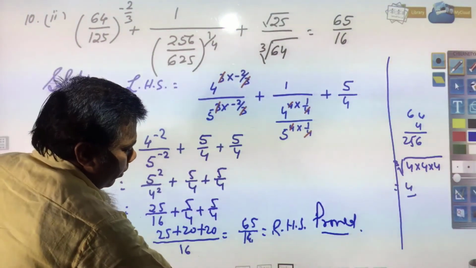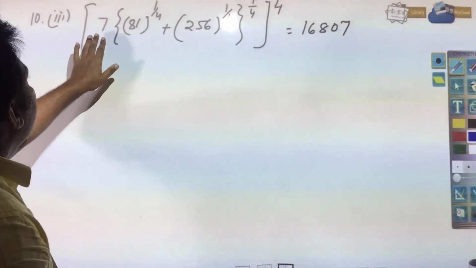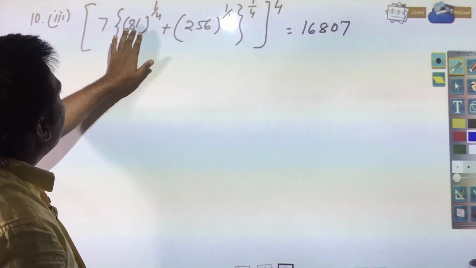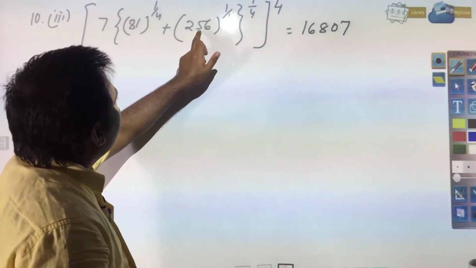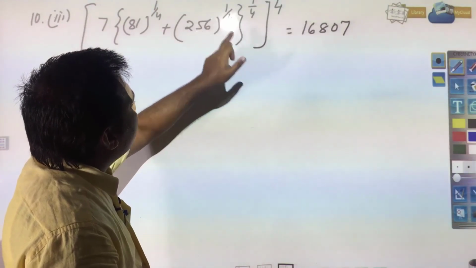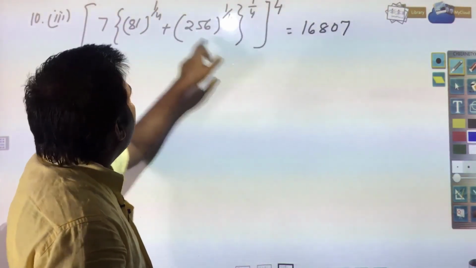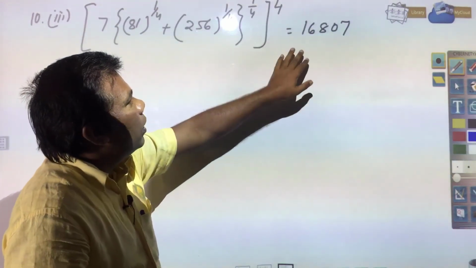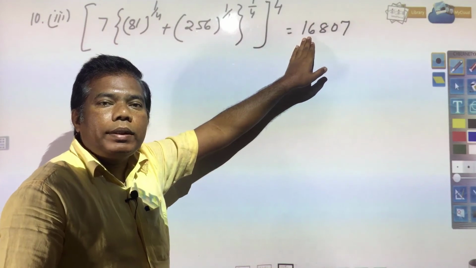Next question you see, you have (7 into (81 to the power 1 by 4 plus 256 to the power 1 by 4)) whole to the power 1 by 4, and again whole to the power 4, and you need to prove that it is 16807.